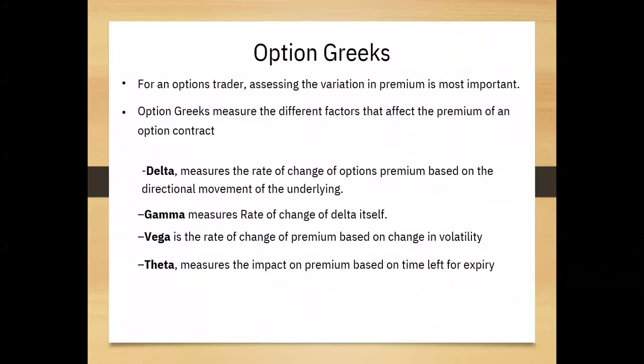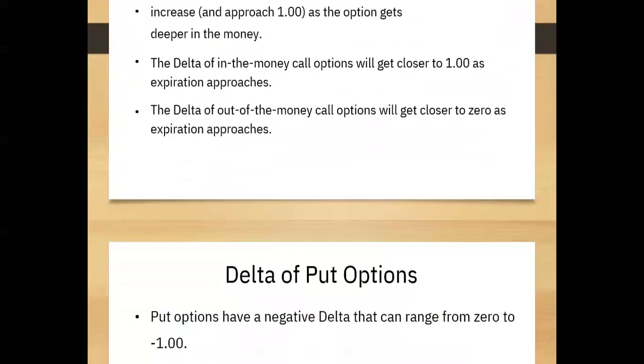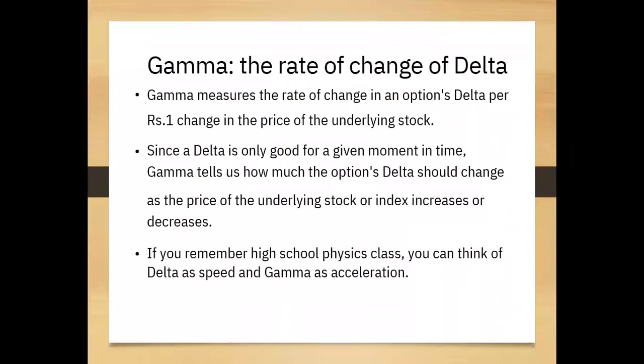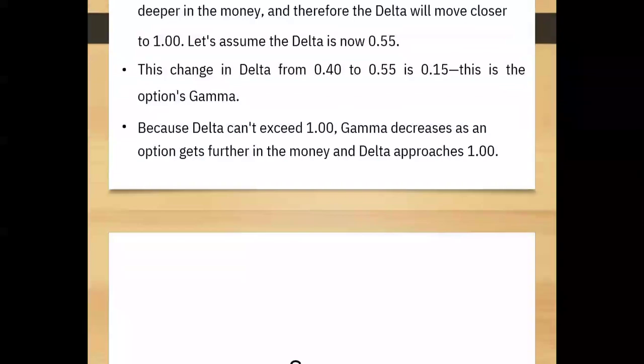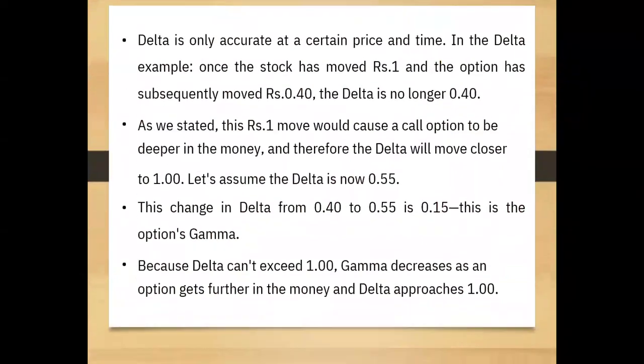Theta measures the impact on premium based on the time left for expiry. Again, delta of call options, delta of put options, and gamma means the rate of change of the delta.